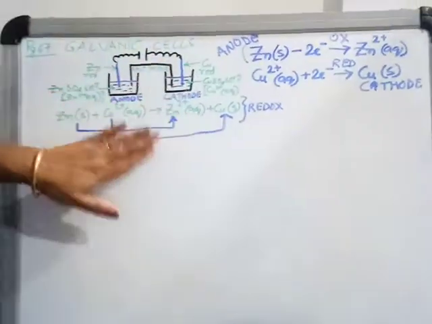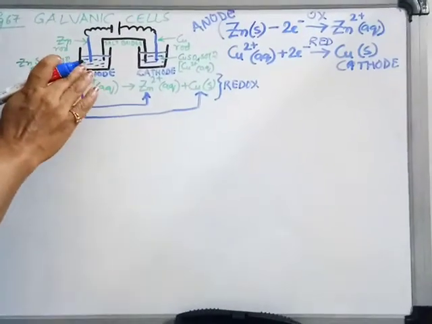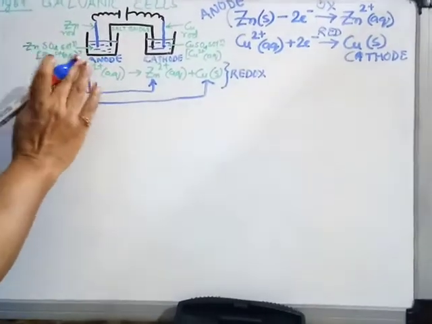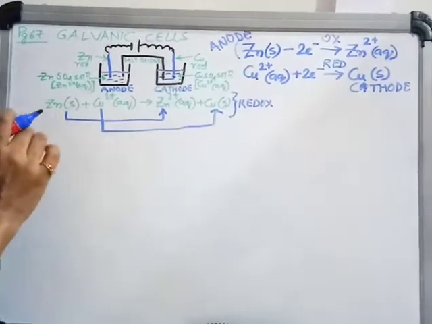Now when all of these things are going on, a potential difference is developed. The explanation is written on page 67, I am just explaining it to you.